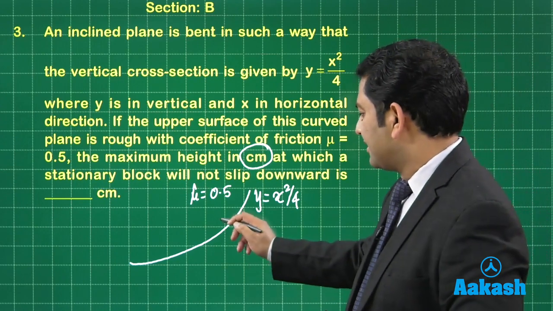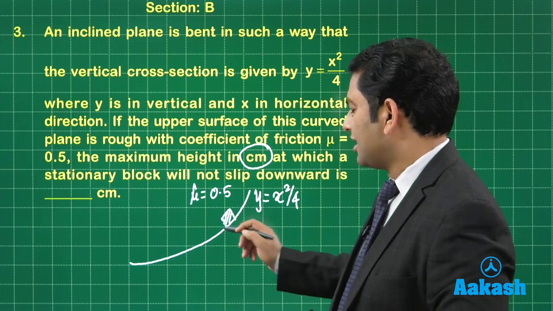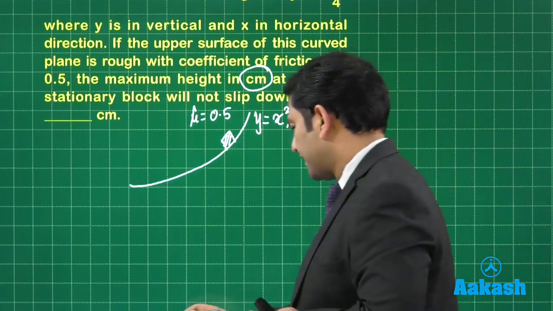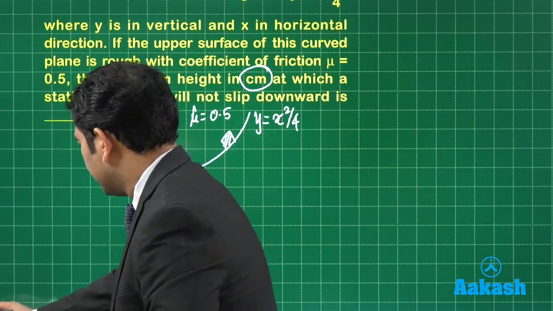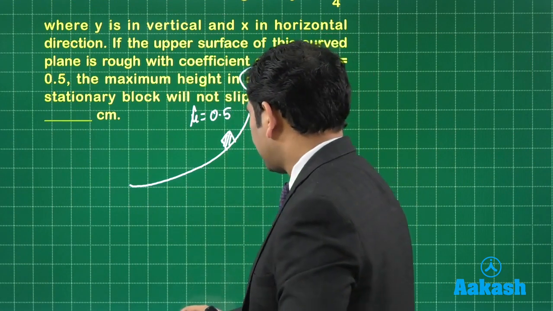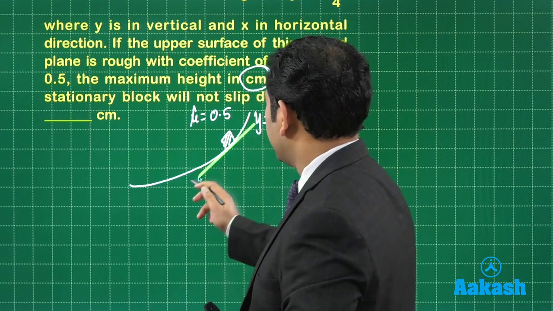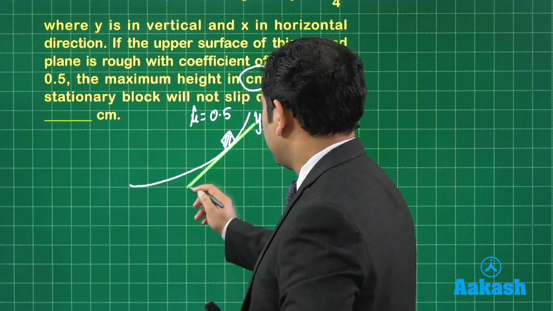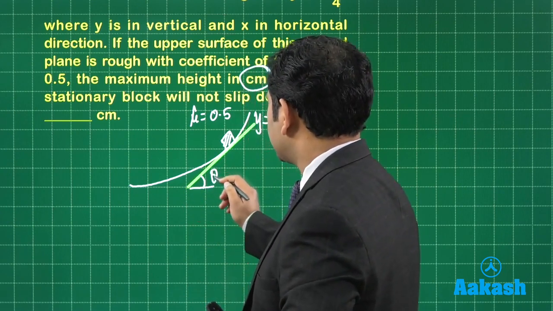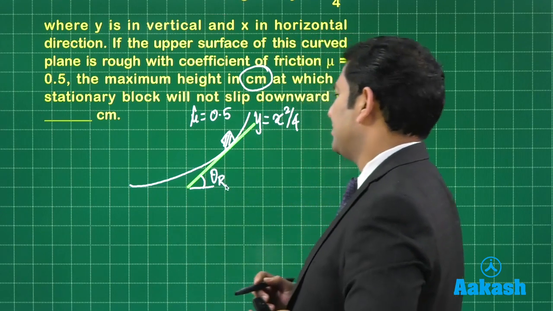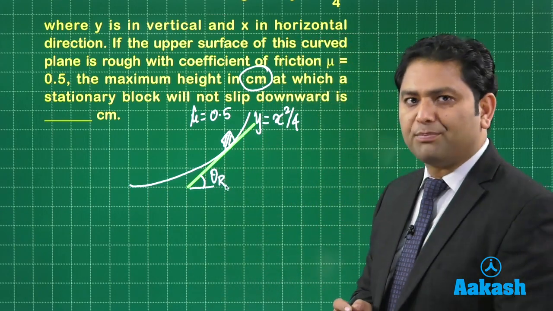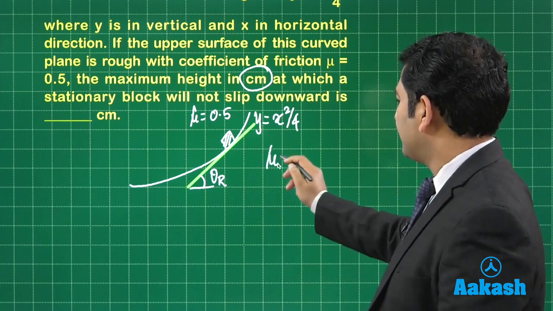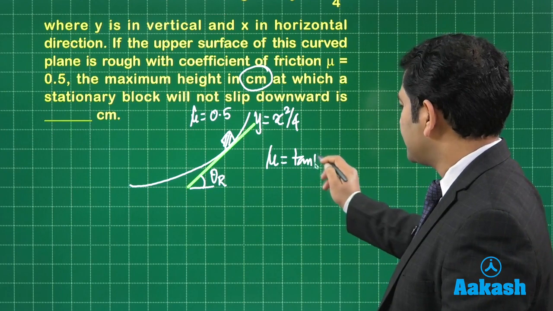That means at this given position, if it starts slipping down, this is the point where the friction acting will be limiting. Or we can also solve this in an alternative way. If I call this the tangent and this angle theta, you would see this theta would exactly be equal to the angle of repose, right? And the property would be the value of mu is equal to tan theta.